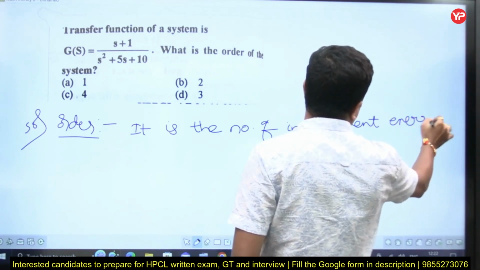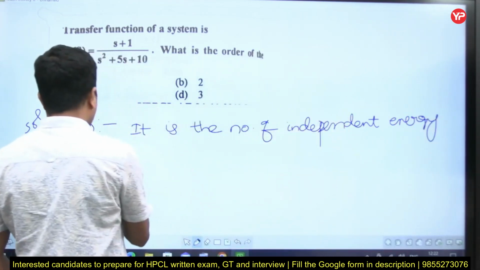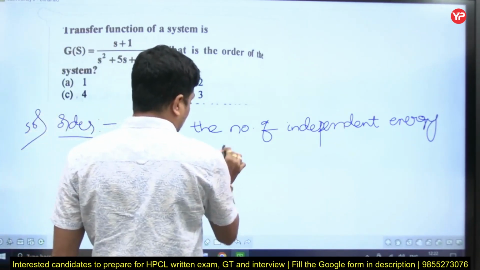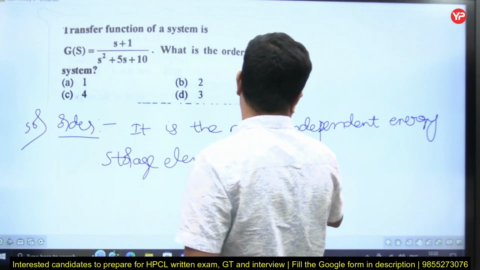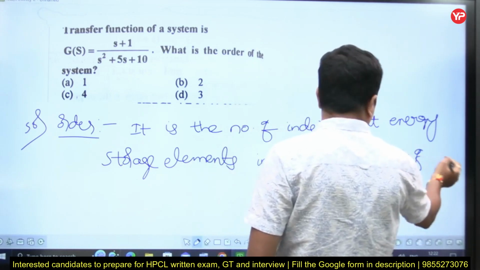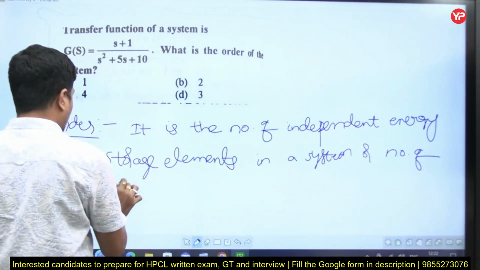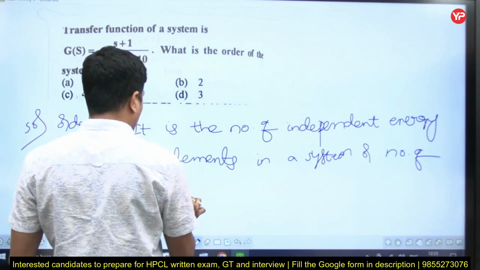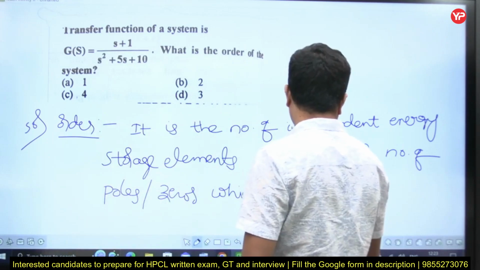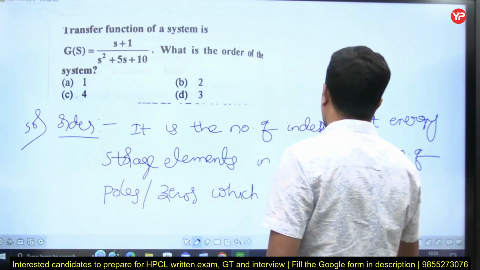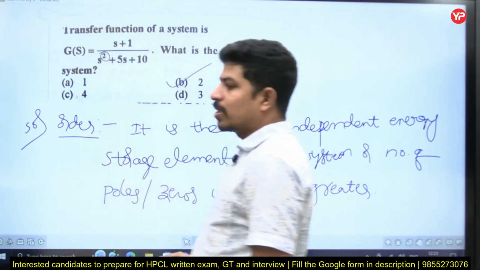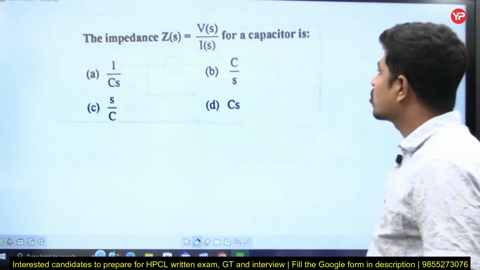Here there are 2 poles and 1 zero, therefore I have to consider poles, therefore order is 2. That much simple it is. Let's go to the next question.